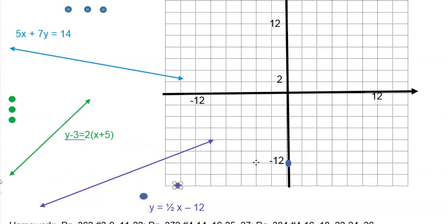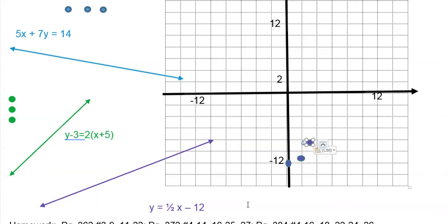So I can put my next point like this, or I could put it up 1 and over 2 complete squares. Notice it really doesn't matter which way you do this, because they're still ending up on that same line.